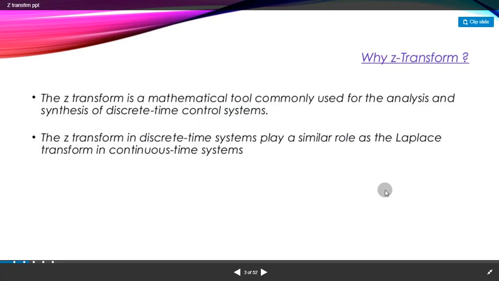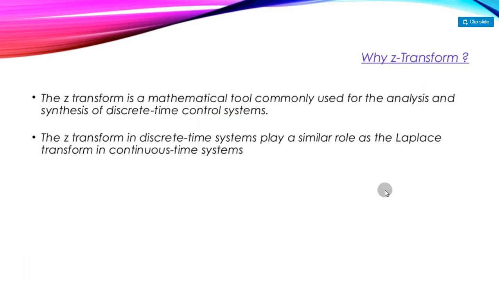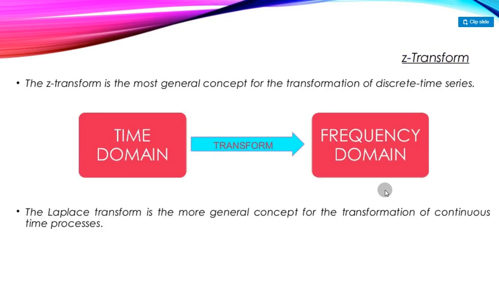Okay, so let's proceed with the next slide. The Z transform is the most general concept for the transformation of discrete time series. It helps to transform a signal in the time domain to a frequency domain signal.